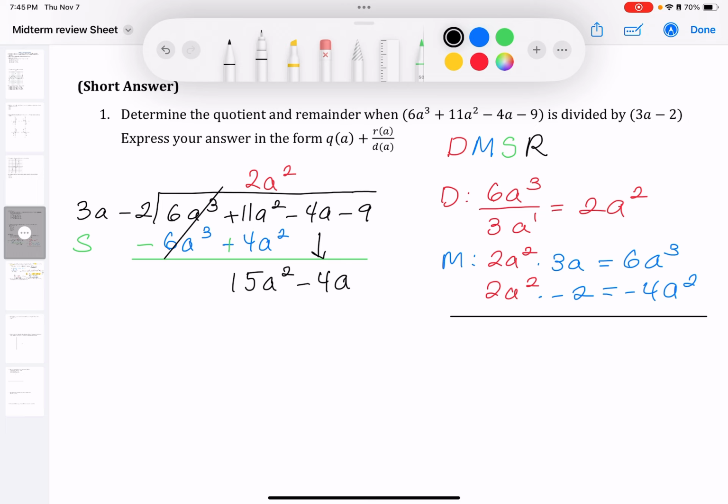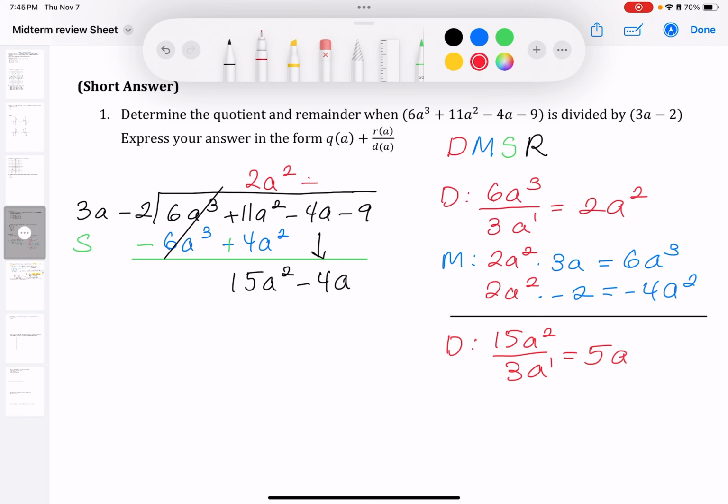So now, once again, we're going to divide. Divide your 15a squared by your leading term of the outside, which is your 3a. 15 divided by 3, that's 5. A squared divided by a to the first: 2 minus 1 is 1, so that's 5a to the first, or just 5a.